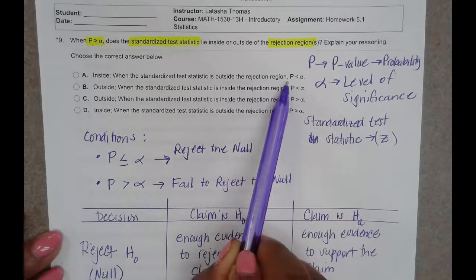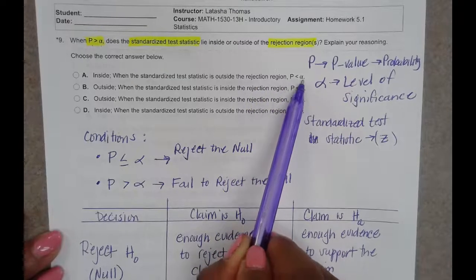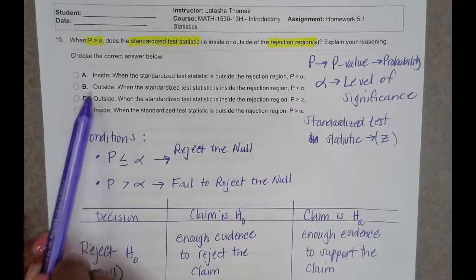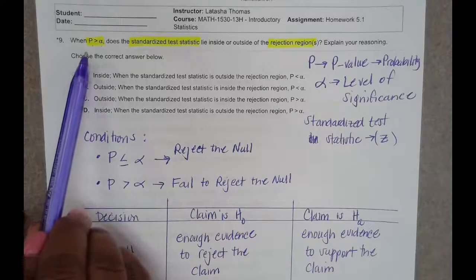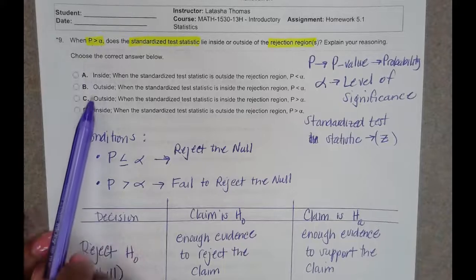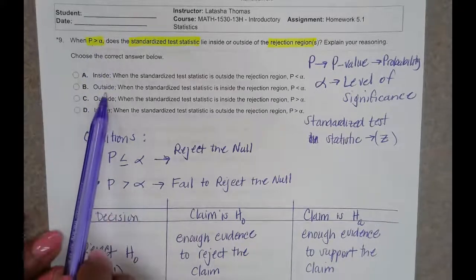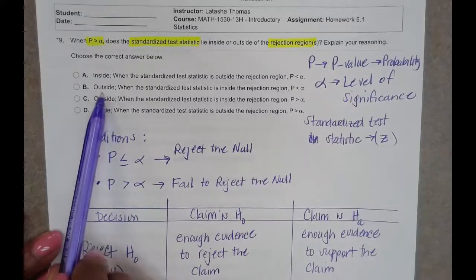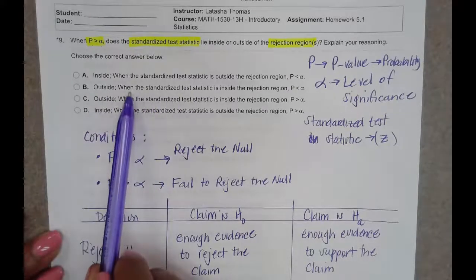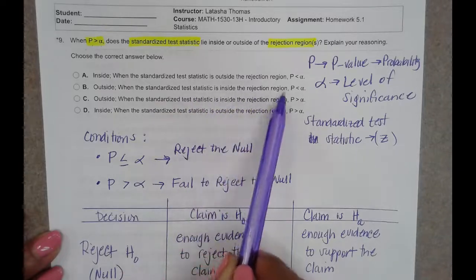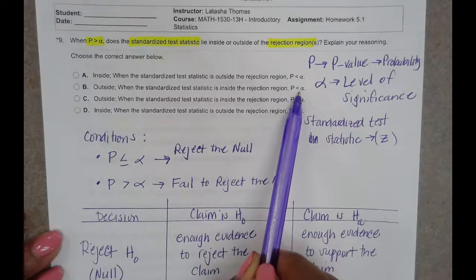P is less than alpha. B, when P is greater than alpha, it will land outside. When the standardized test statistic is inside the rejection region, P is less than alpha.